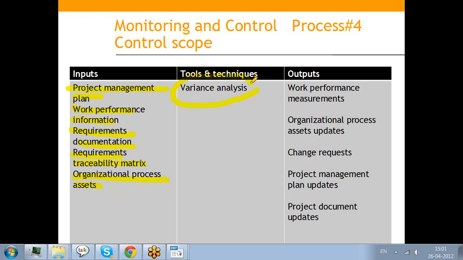Then variance analysis is used as a tool, and the outputs are work performance measurements, organizational process assets updates, change requests, project management plan updates, and project document updates. So most of these things should be clear to you by now, because we have discussed them somewhere before.